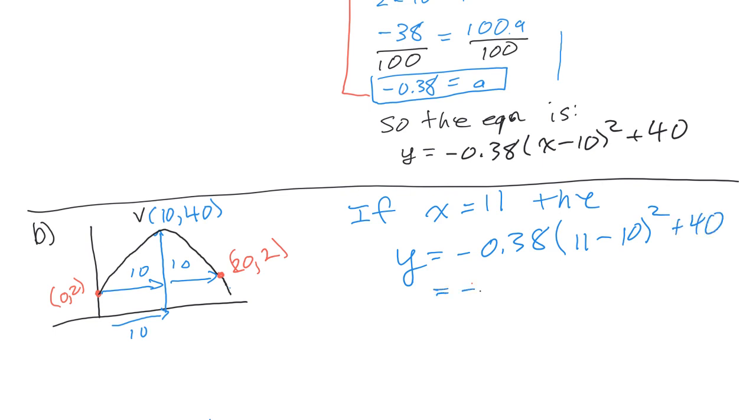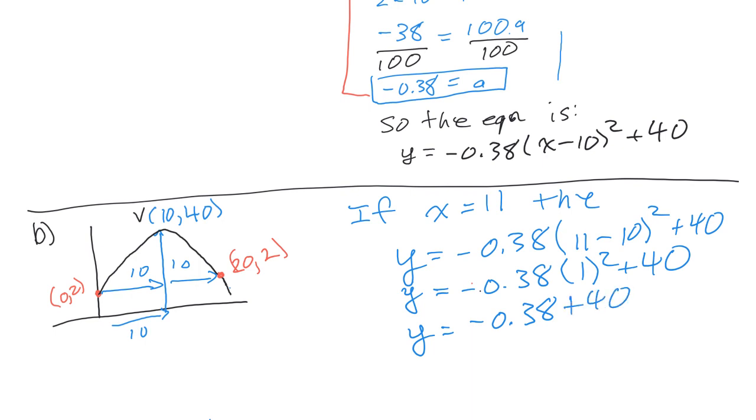And you get negative 0.38 times 1 squared plus 40. So that's y. And y is equal to negative 0.38. 1 squared is 1. So 1 times 0.38 is 0.38. And we got plus 40, which means our final height, y, is 39.62 meters.